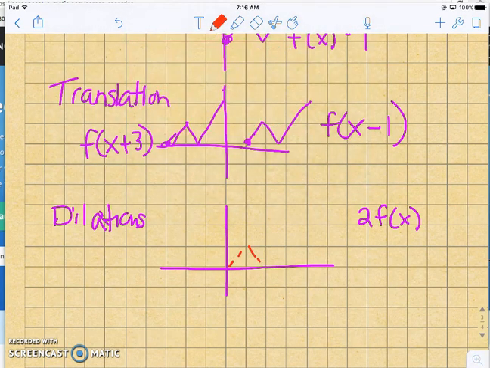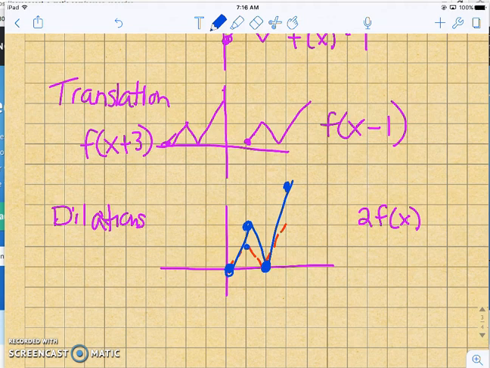So here's our f of x. And if we're going to multiply each of those values by 2, 0, 0 stays at 0. But this one, the height doubles, so it goes up here. This one, the height doubles. Well, it stays the same. And this one, the height doubles, so it's at 2, so it would go up to 4. So there's that one there.